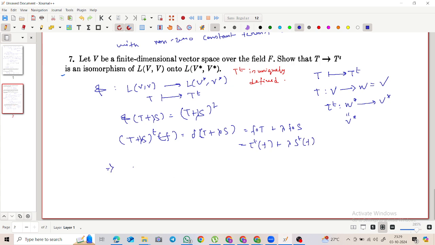So (T plus lambda S) transpose is T transpose plus lambda S transpose. So phi is a linear map, right? But what about the kernel and the rest?